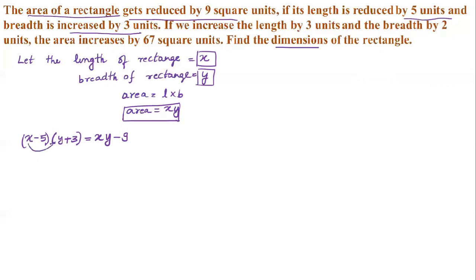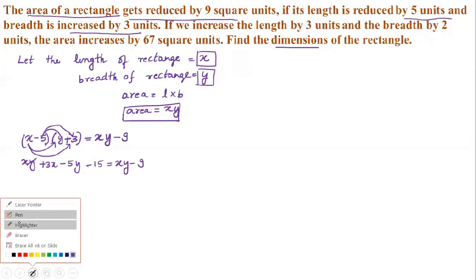Now simplify the equation. x into y, that is xy, x into 3, that is 3x, minus 5y, minus 15, is equal to xy minus 9. We have xy on both sides.